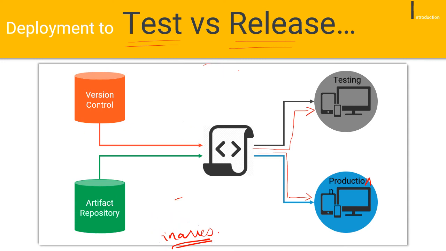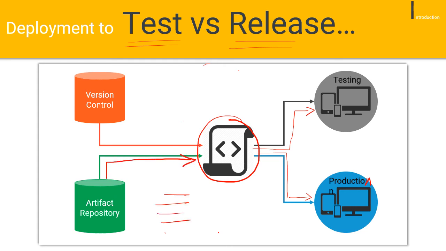Right. The deployment script, which we have here, is basically just code that will take the binaries from the artifact repository. It will take the configurations from the version control, and then it will use both of these to configure the testing environment.